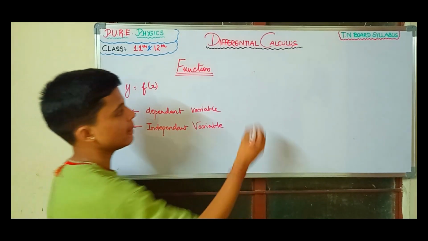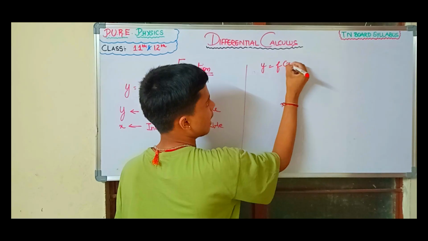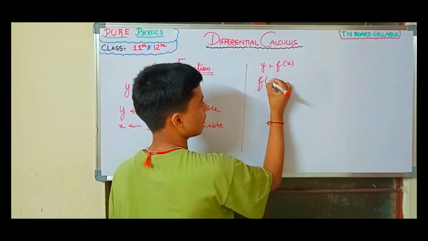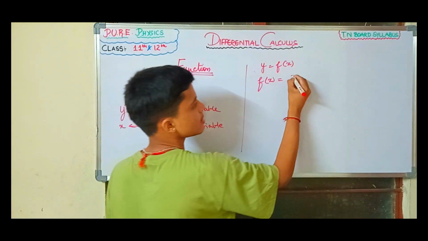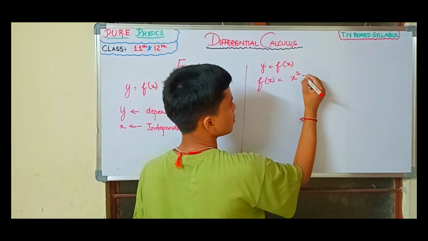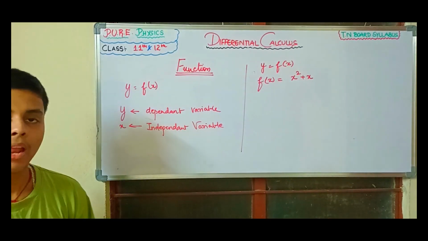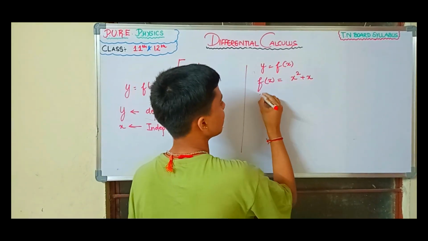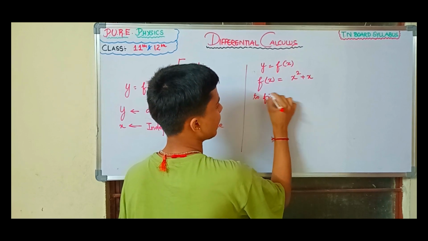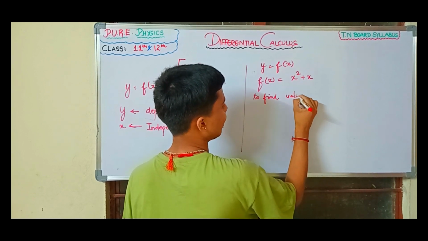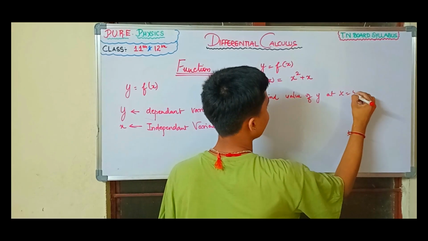For example, let me take y is equal to f of x, and the equation given for f of x is like this: f of x is equal to x square plus x. This is my equation. Now they are asking me to find the value of y at x is equal to 5.